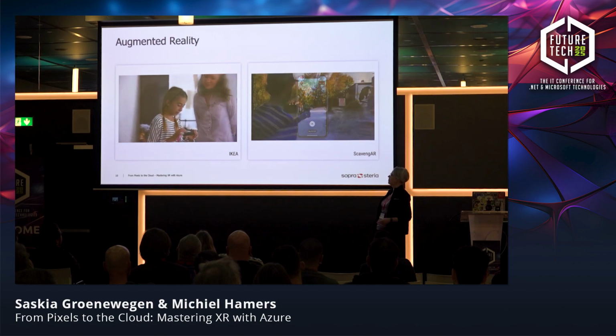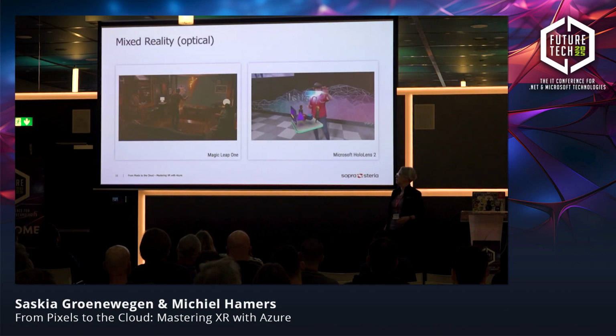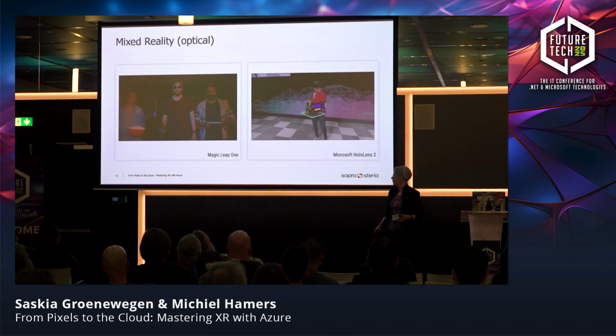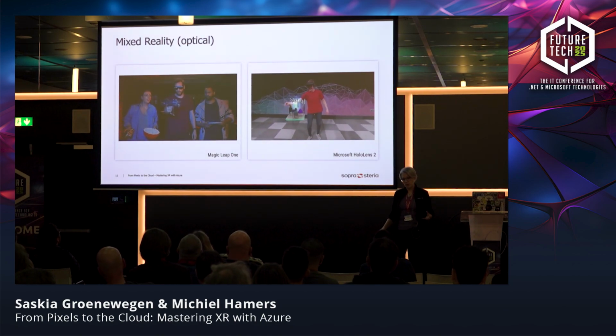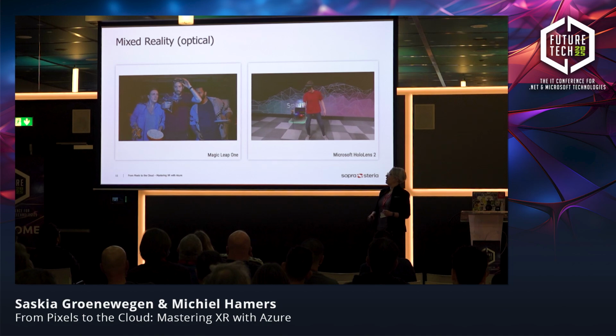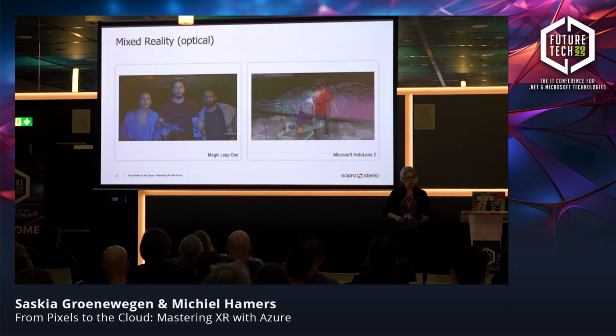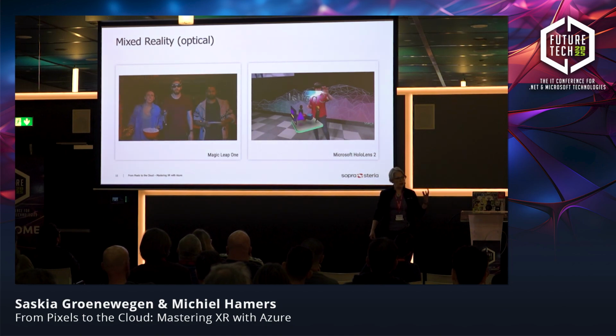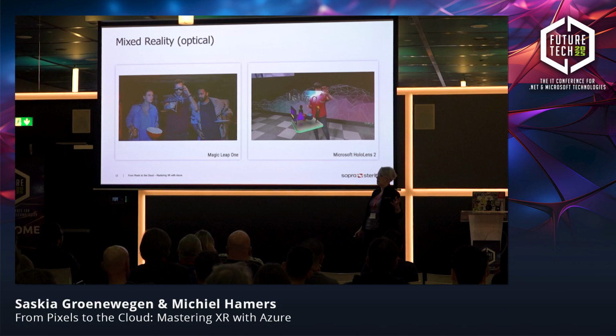And then there's the third one, which falls a bit in the middle. It's mixed reality. And some people say it's the same as augmented reality, because here also you still see the real world, unlike with VR. And then you put objects on top of it, but you don't just put them on top of it, like in augmented reality, but really into the world. And you do this by using those glasses like the Microsoft HoloLens or the Magic Leap or others.